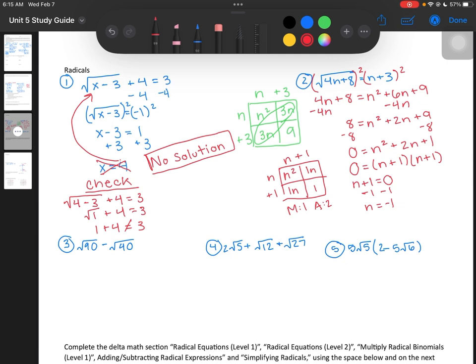But before we confidently say that's our answer, we want to check. So we were a little cramped for space here. But I'm going to go back to the original problem, and everywhere I see an n, I'm going to replace it with -1.